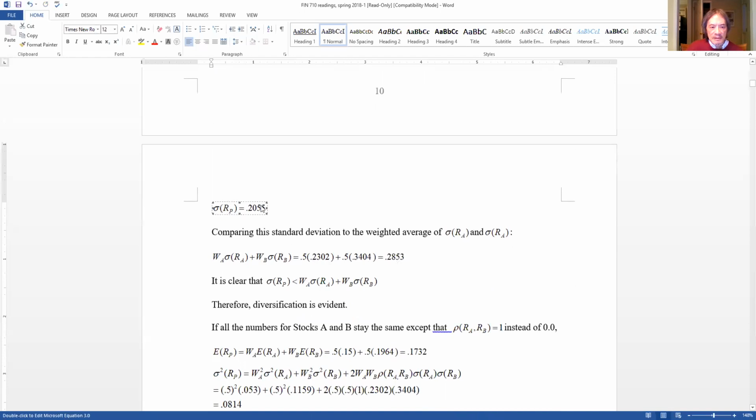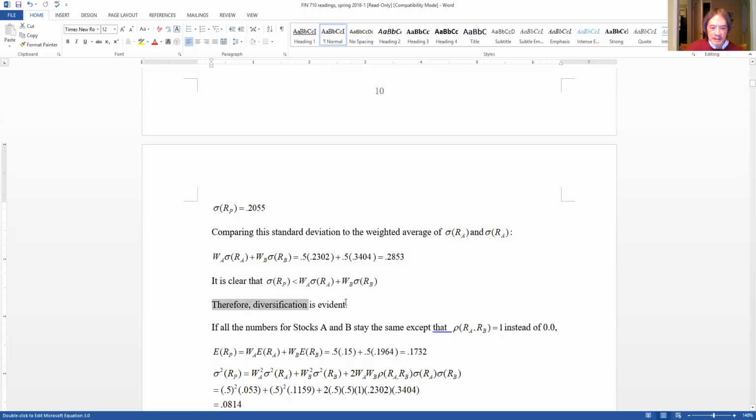So the portfolio standard deviation that we obtain here is less than the weighted average. Okay. The portfolio standard deviation is less than the weighted average of the individual standard deviations, this number.